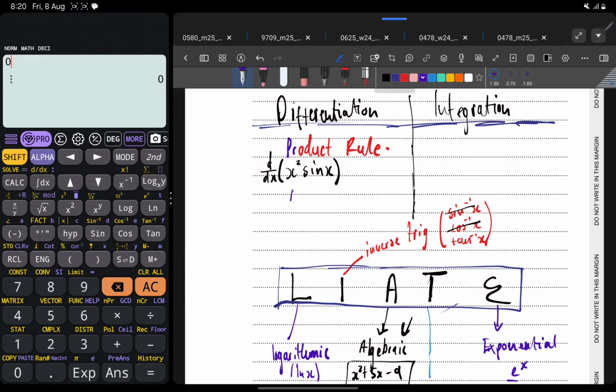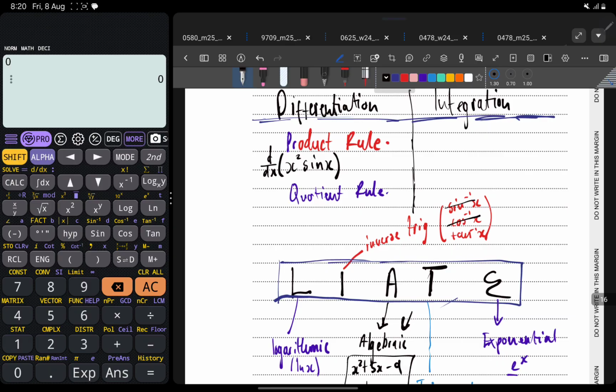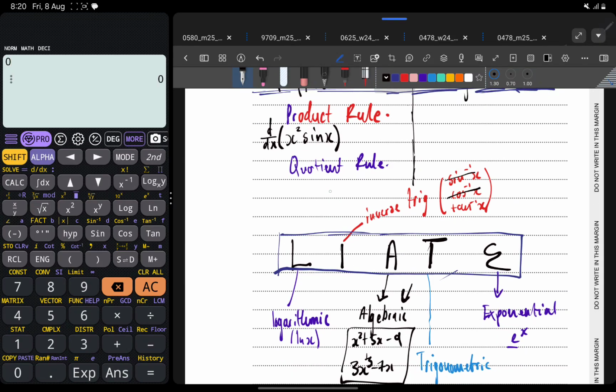And then you say, oh, what about the quotient rule? Because I've also seen something that talks about the quotient rule. Yes. So when am I going to use it? When you have them dividing, any two on the list. If I give you, let's say, cos x over ln x, they are dividing. And I say integrate this.